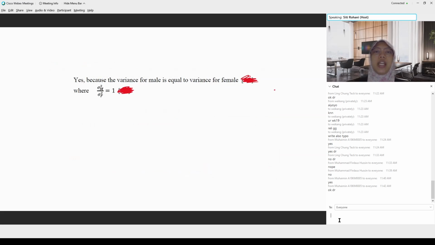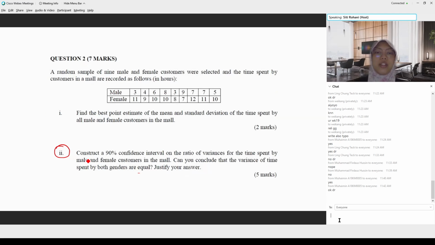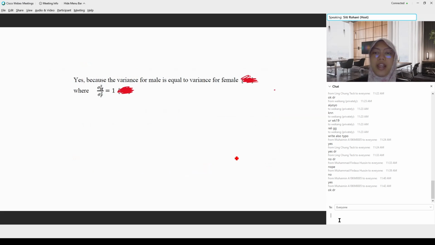So for example, we need to find the 90% confidence interval on the ratio of variance, right? And then for example, the confidence interval of the ratio of your variance, you will get, for example, 0.5432 and 6.6566. So this is the confidence interval for your variance.